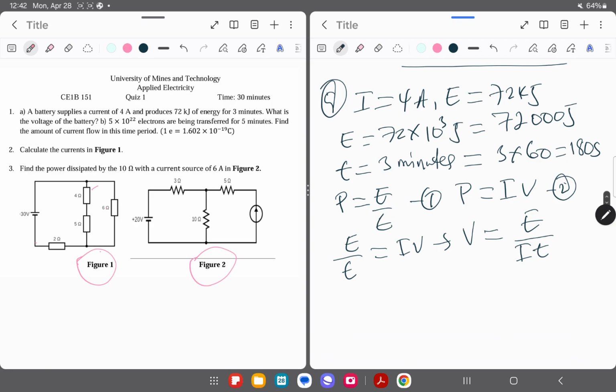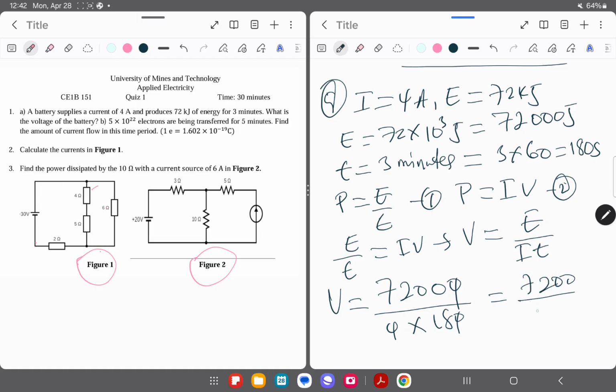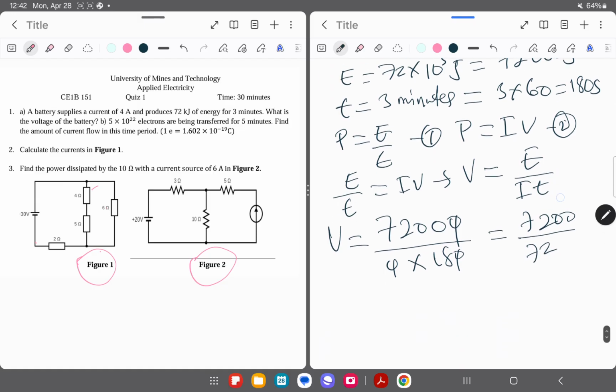So this implies that voltage here, which we are interested in, is equal to energy over current times time. So voltage supply here is going to be equal to energy, which is 72,000, over current 4 times time, which is 180. So we have this will cancel, so we get here 7,200 over 4 times 18, that will be 72.